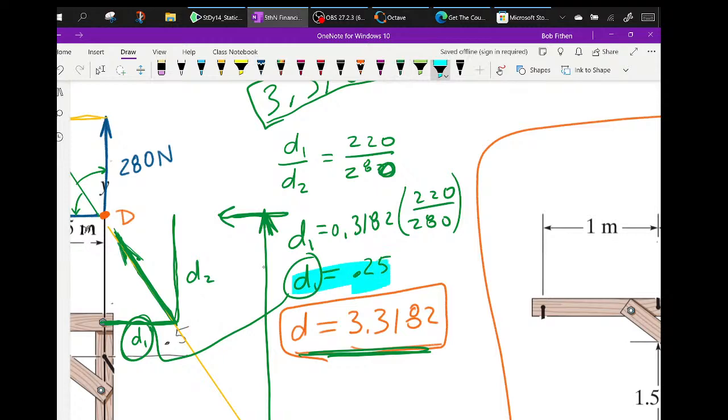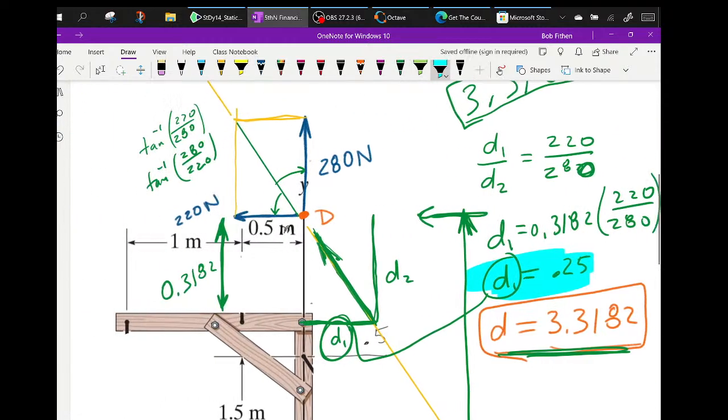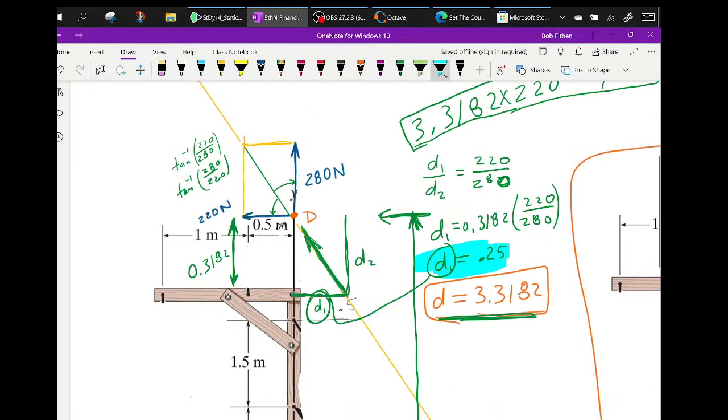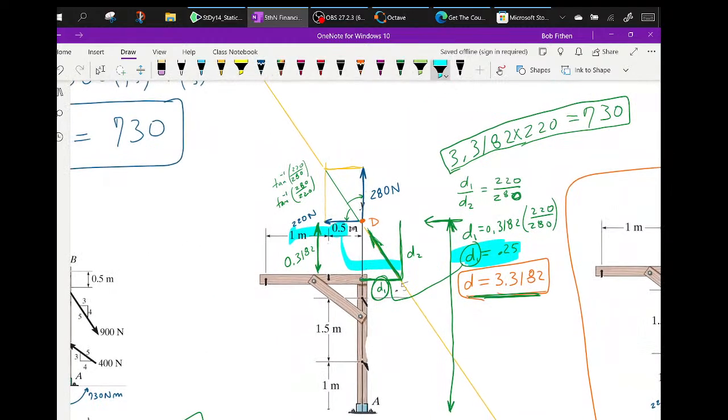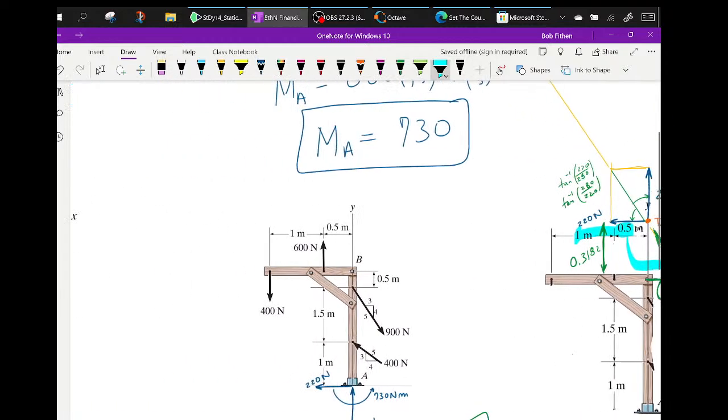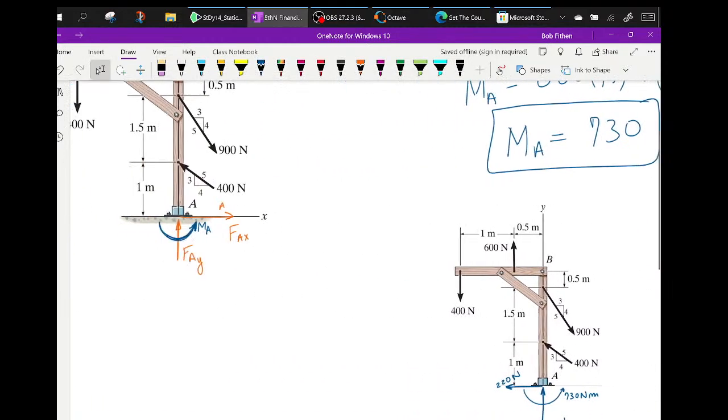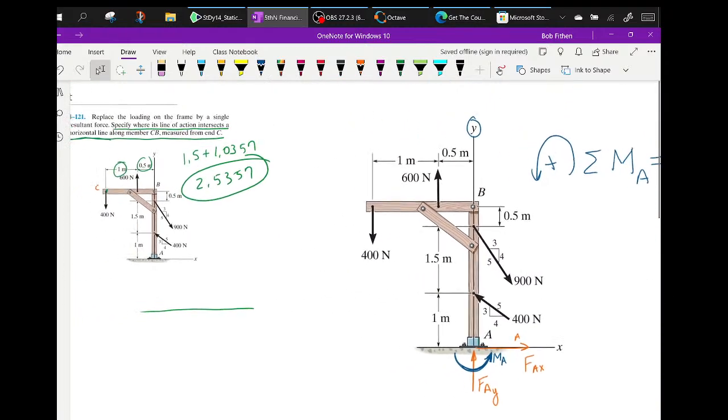There's where my mistake was. If that's 0.25 exactly, and this is 1 and a half, and then I move that 0.25, I get the exact answer, meaning that the total distance over to there was 1.75.